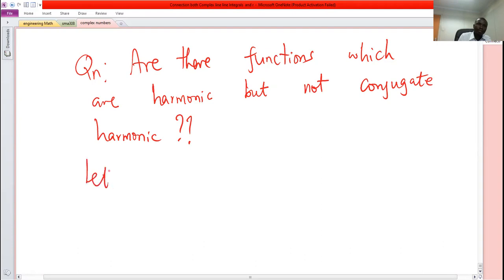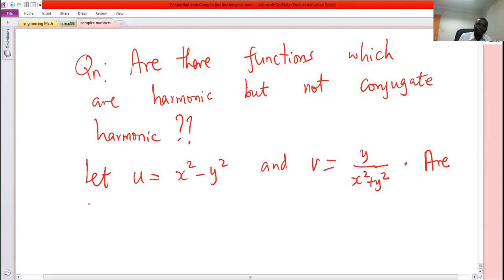So let u be the function x squared minus y squared, and v be the function y over x squared plus y squared. Are both u and v harmonic? Are they conjugate harmonic?